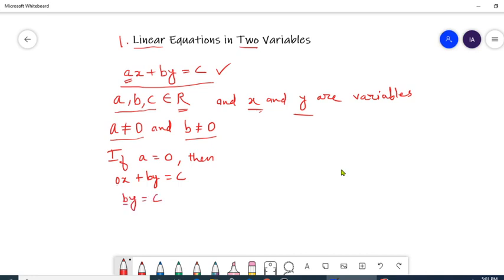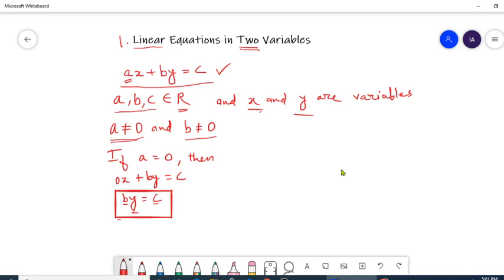As we know, b and c are constant values. They are real numbers. So you have only one variable, that is y, and here we're talking about equations in two variables, but this resulting equation has only one variable. Understood? So that is the reason a should not be 0.